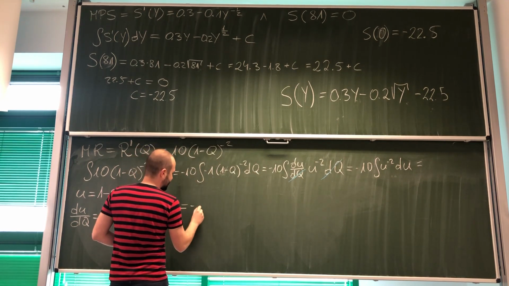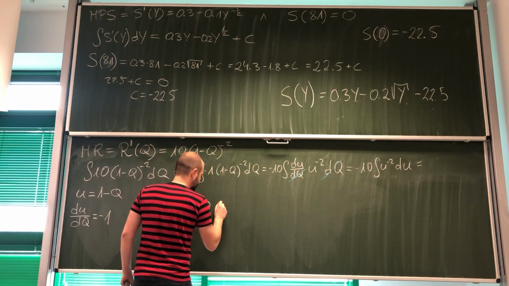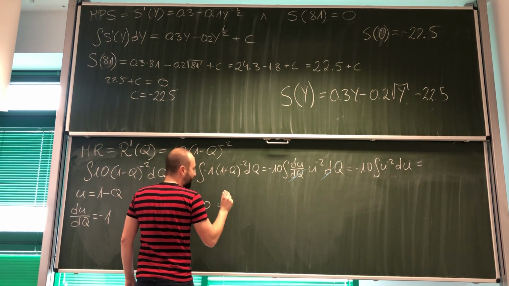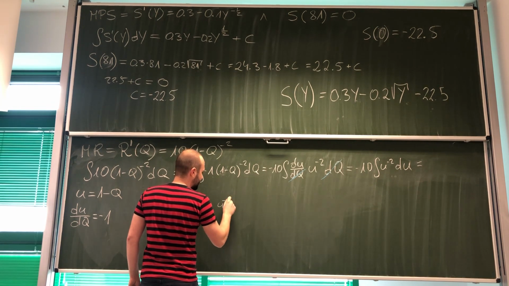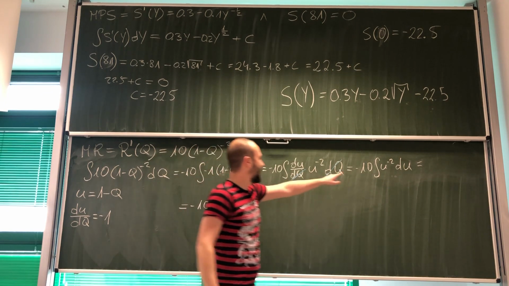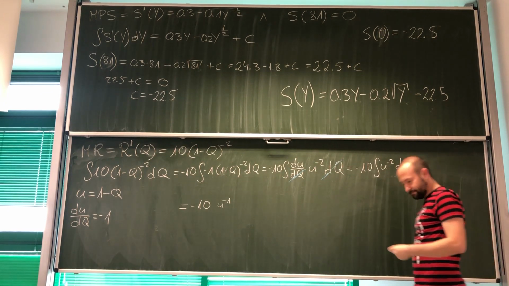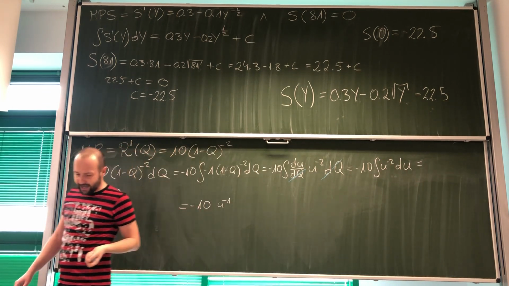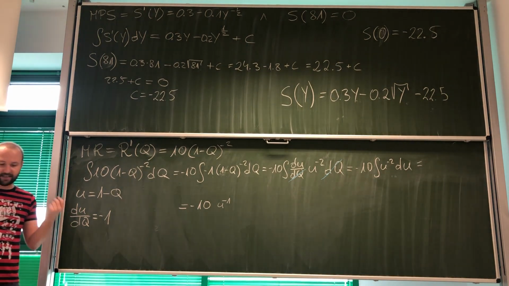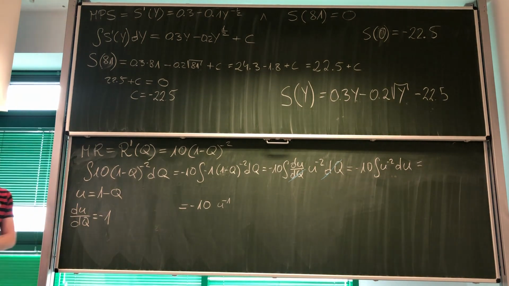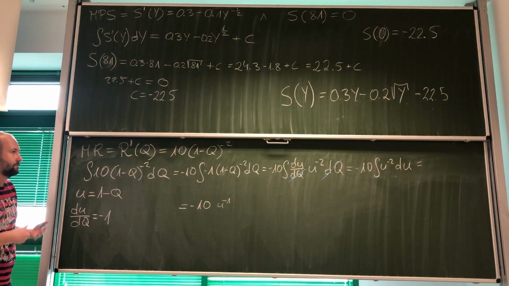So now we can easily calculate this simpler integral. We will have that this is negative 10 times u to the power negative 1, right? Because we will have plus 1 over here, and we will be dividing by negative 1.